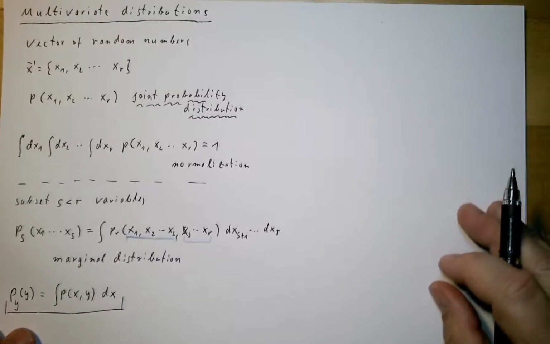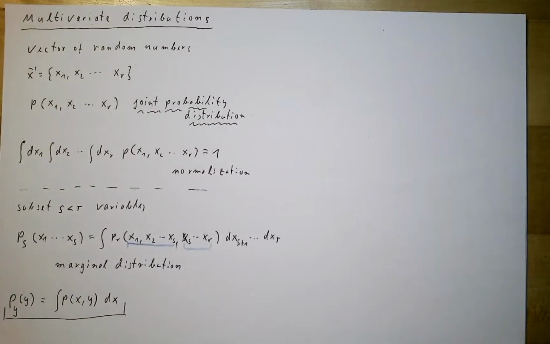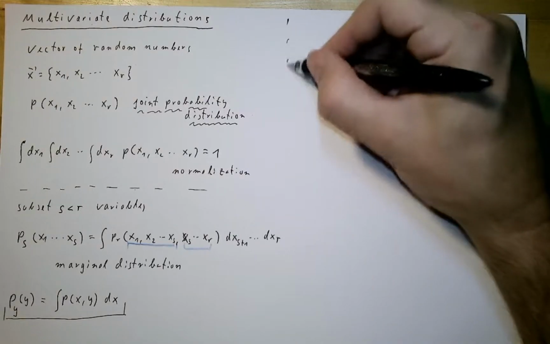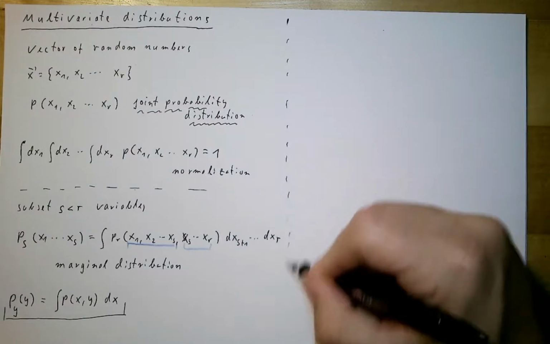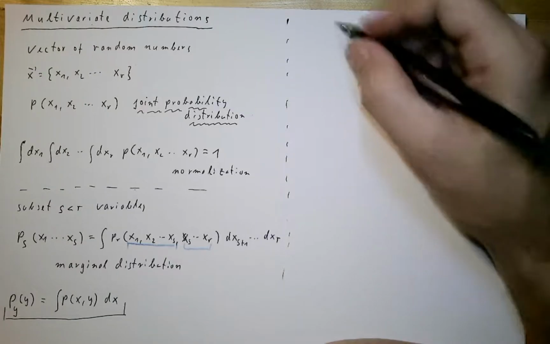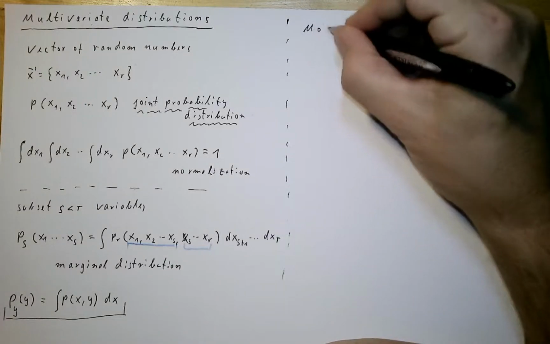Multivariate distributions can of course be characterized by expectation values as usual. For example, we can write down the moments.